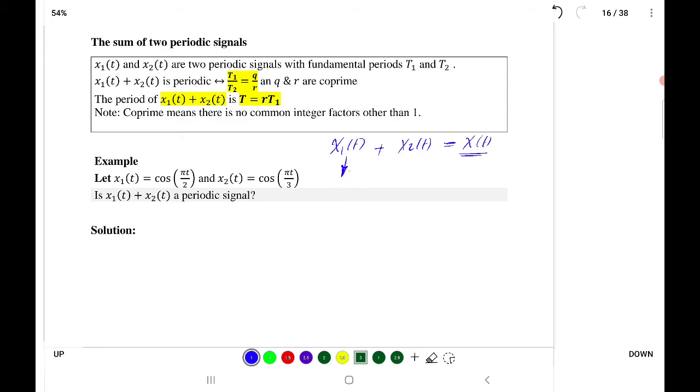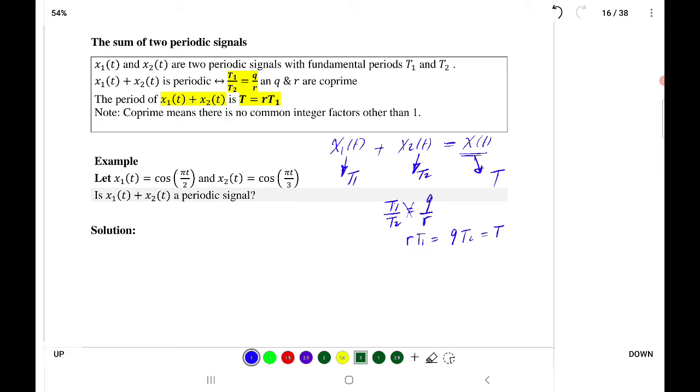First, you find the period of the first signal, find the period of the second signal, and then divide T1 by T2 and simplify this ratio till you get something co-prime, q over r, for example. It means if you multiply r by T1, it will be equal to q times T2, and both are equal to the period of the resultant signal.